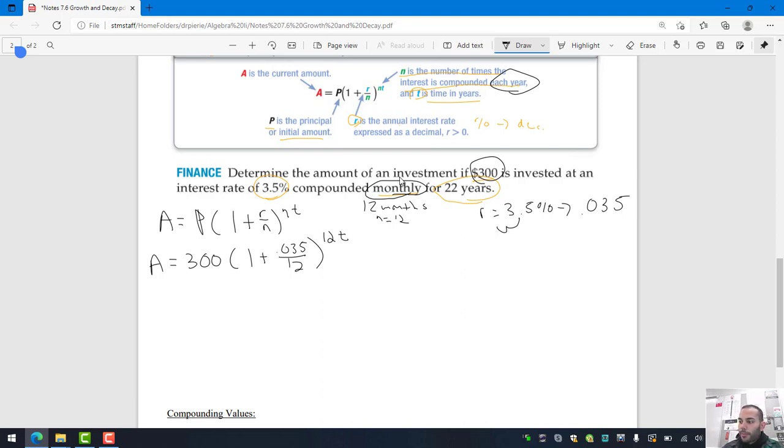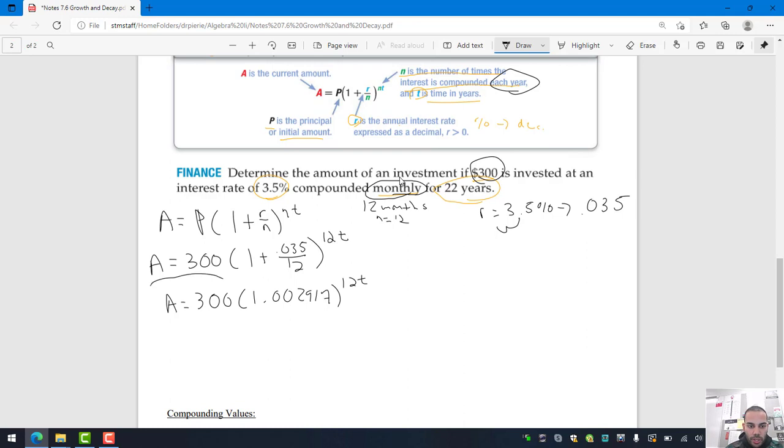So when you clean this up a little bit, my equation that'll help solve for any amount of years should be 300 times, and I'm going to clean up this fraction a little bit. 0.035 divided by 12 comes out super nasty, but when you add 1 to it, it should be something like 1.002917. Try not to round that thing until the very end, but raise it to the 12t power.